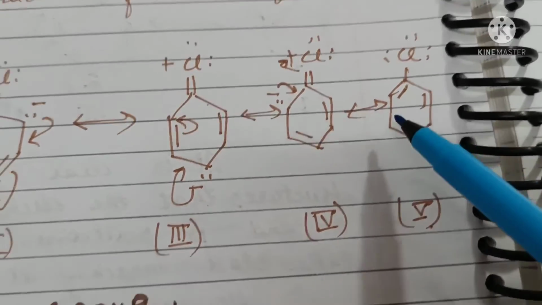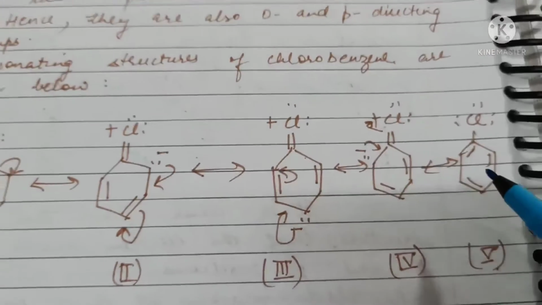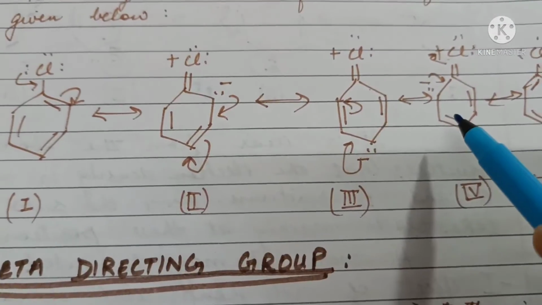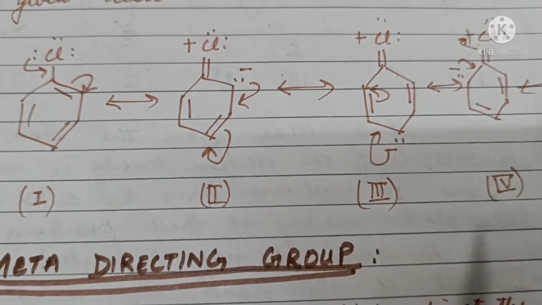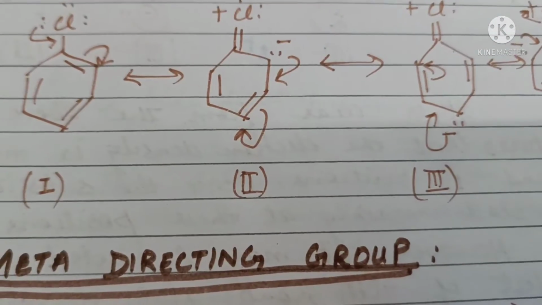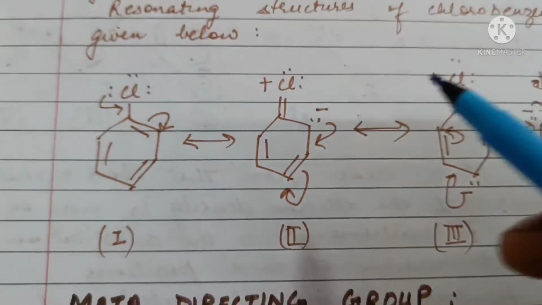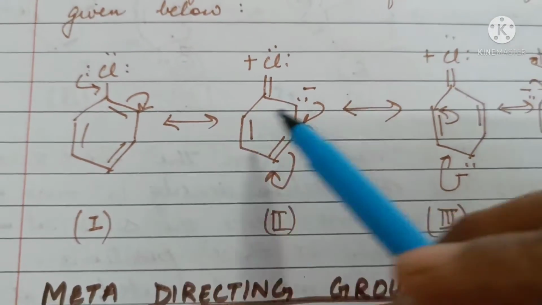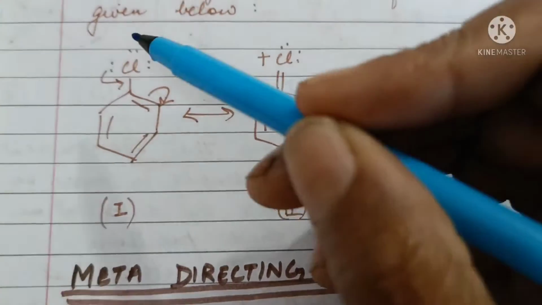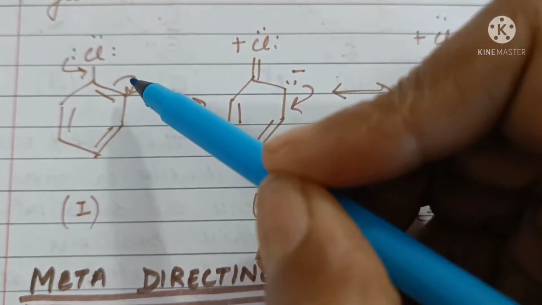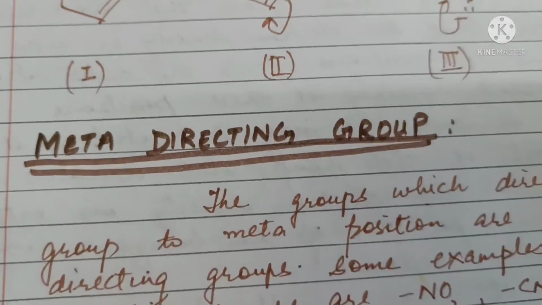Negative charge resides on the ortho and para positions in the resonating structures. So they are also ortho and para directing groups. Resonating structures of chlorobenzene are shown below. Because of stronger electron withdrawing influence, these are less reactive as compared to phenols.